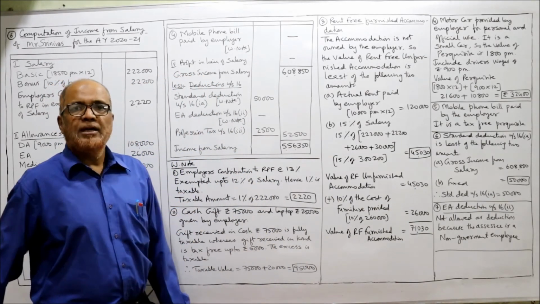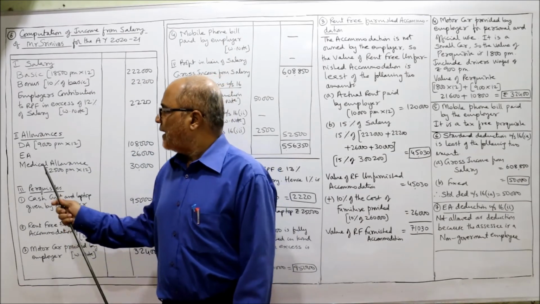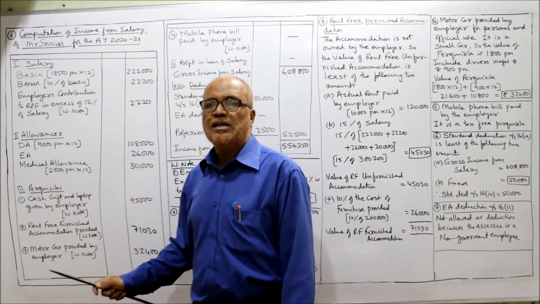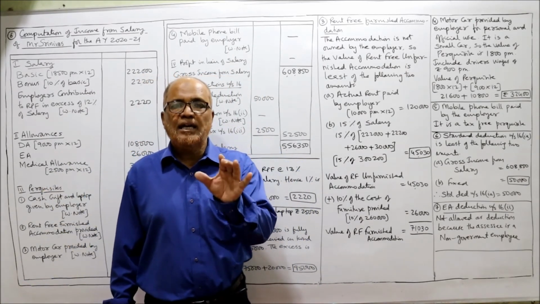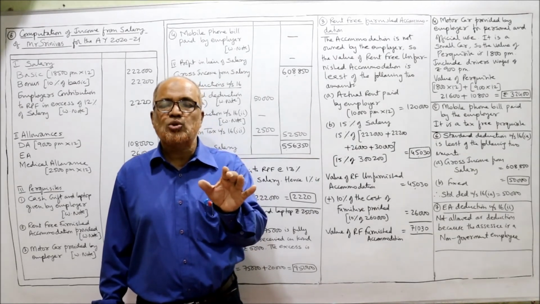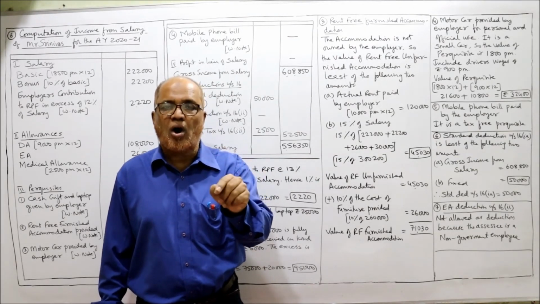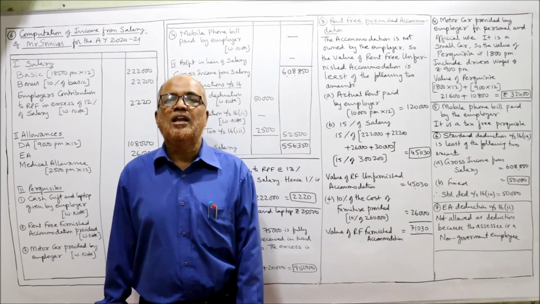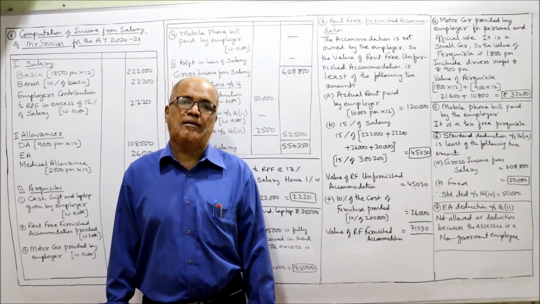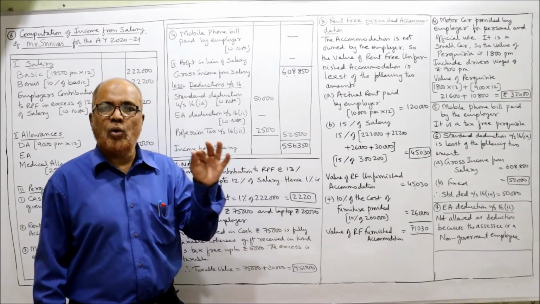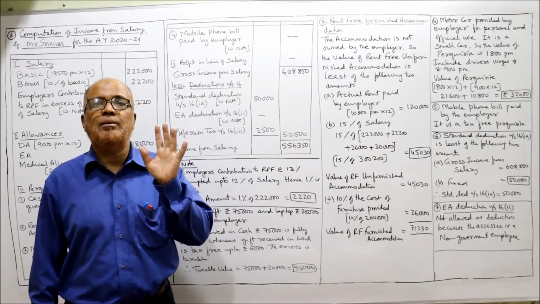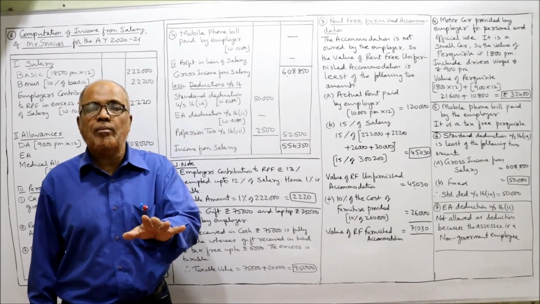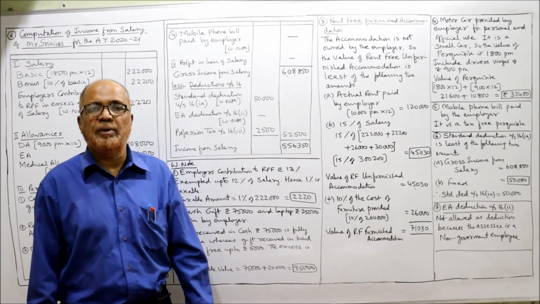EA deduction. He has received entertainment allowance 26,000. But EA deduction under section 16(2) will not be allowed because the assessee is a non-government employee. EA deduction will be allowed only for government employees. For non-government employees, EA deduction will not be allowed.